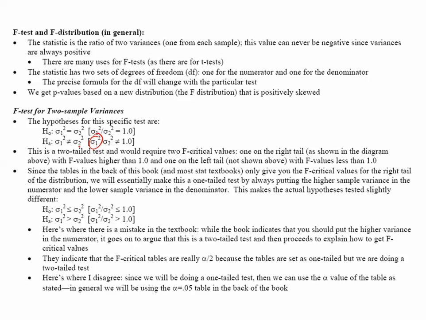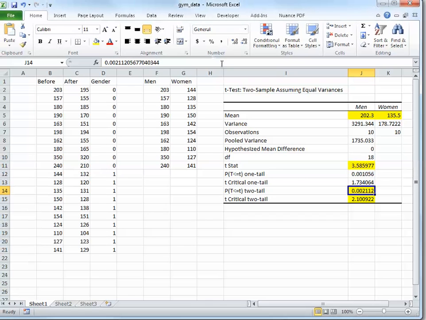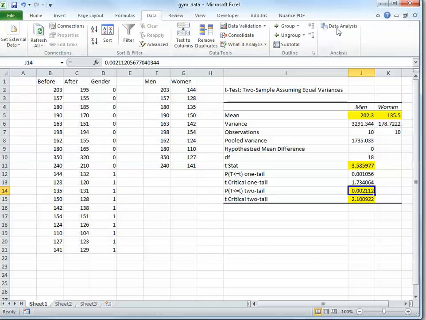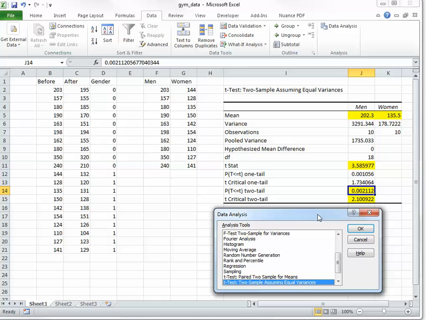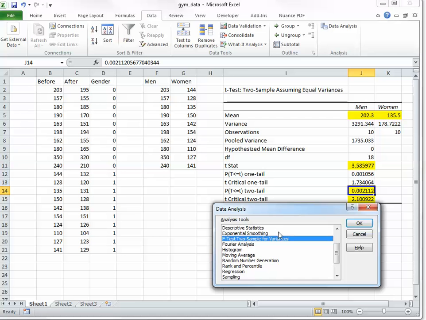Okay, so let's go back to the example that we did in the last section. Before, we just assumed equal variances. Now let's run a test called an F-test to actually test for equal variances. The F-test is here, F-test two-sample for variances.